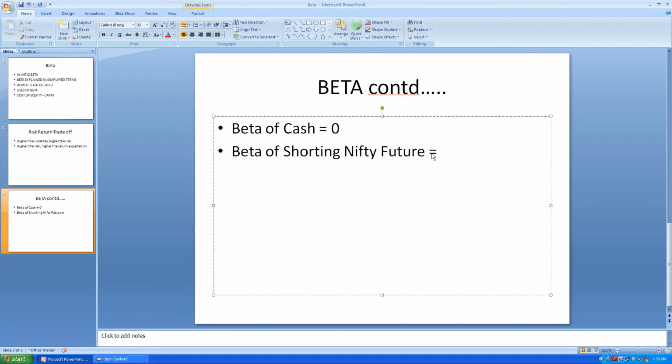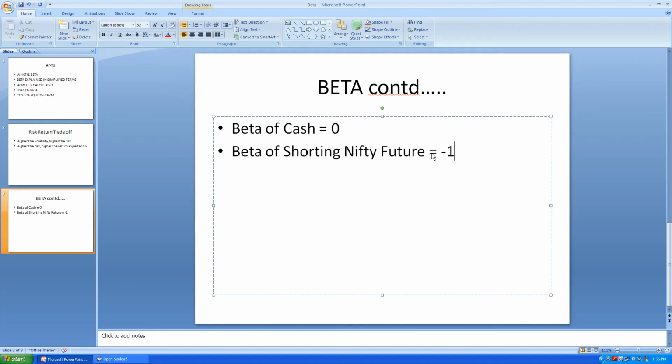If the Nifty moves by plus 1%, then my return by shorting Nifty would be minus 1%. And if the Nifty moves by 5%, then I would have a loss of 5%, that is, my return from the portfolio is minus 5%. So can we say that the beta of a short position in Nifty futures is minus 1?